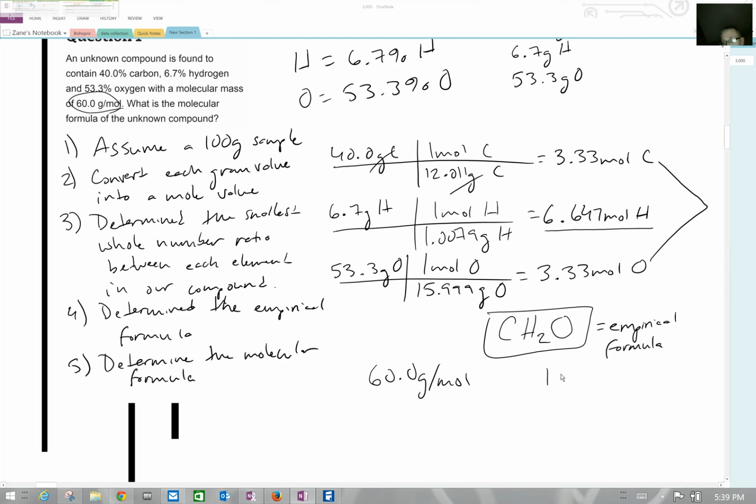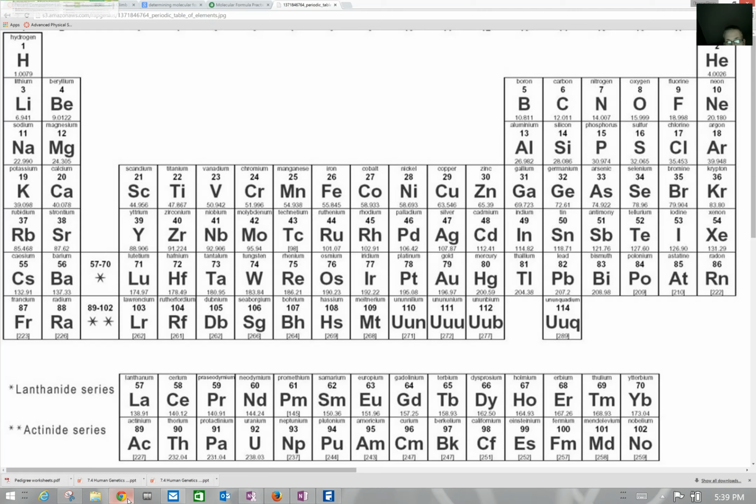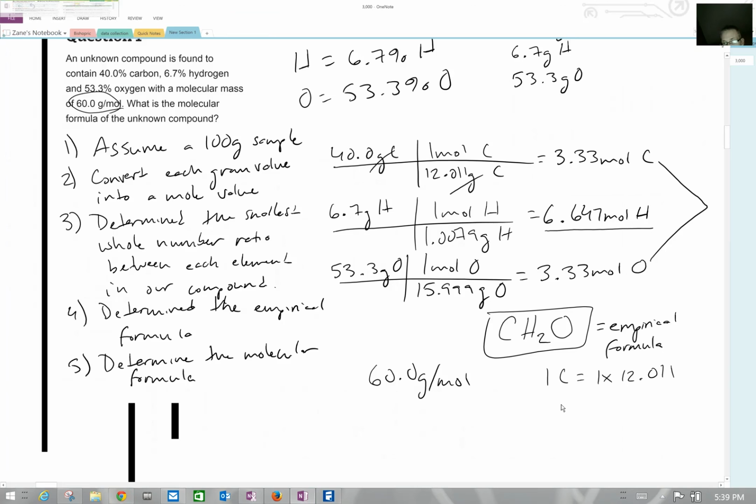So I've got 1 carbon. I'm going to take 1 times 12.011. That's the molar mass of carbon. I've got 2 hydrogens. I'm taking 2 times 1.0079. These are grams per mole, by the way. And I've got 1 oxygen, which is 15.999 grams per mole.